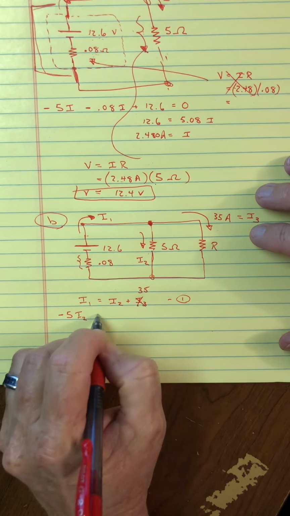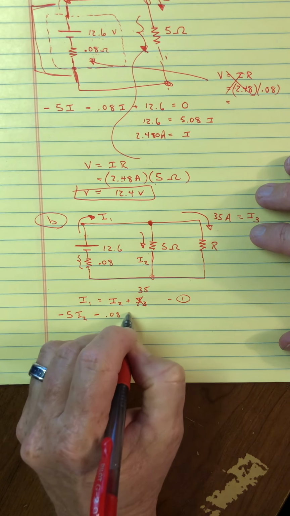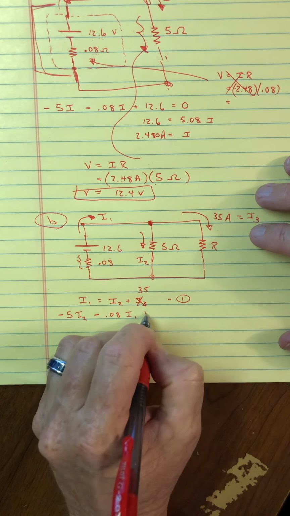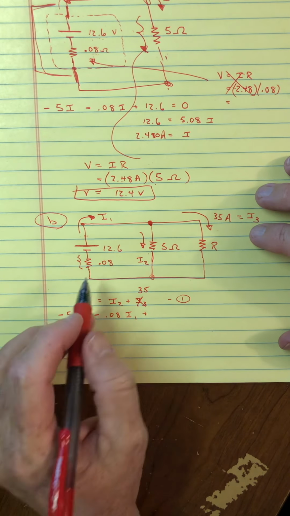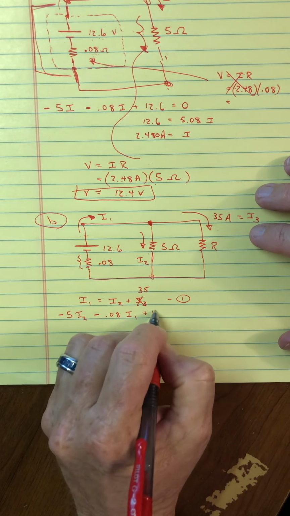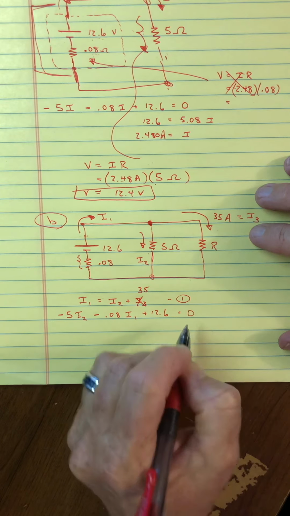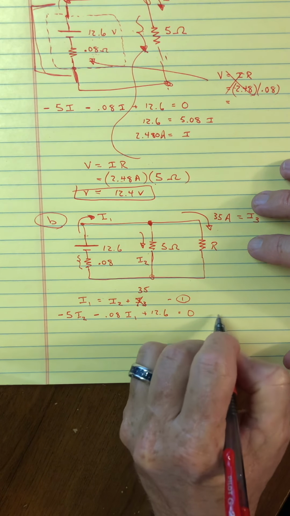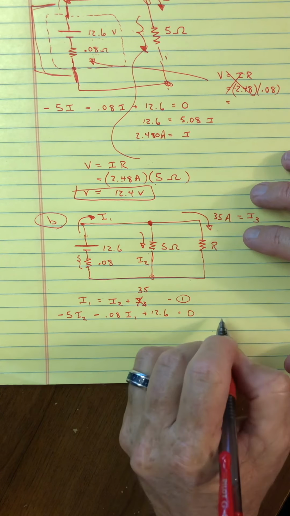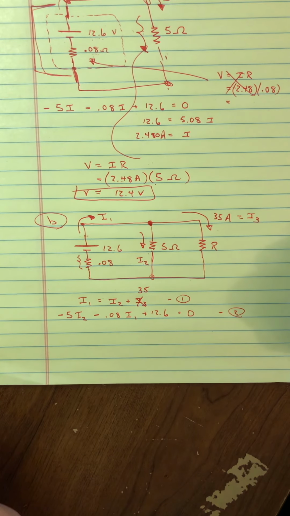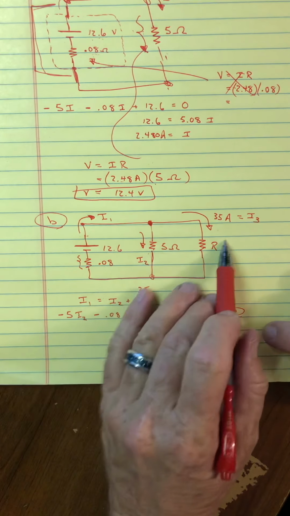So with the current, another minus 0.08I1, plus 12.6 equals 0 to finish off. And that would then be my second equation. And that is enough to actually solve this, because they gave me one of the currents.